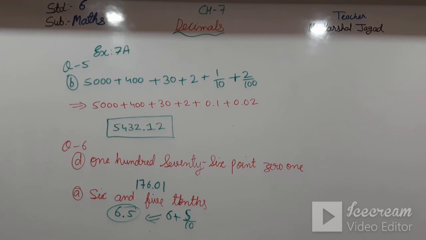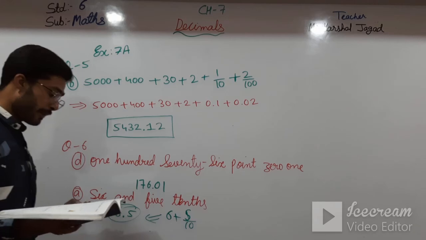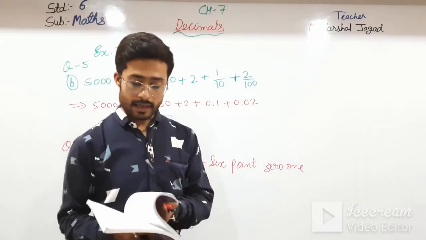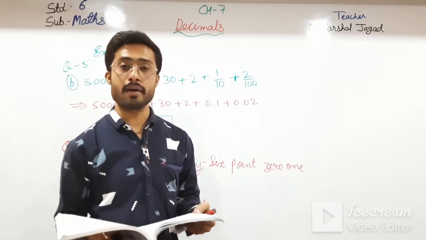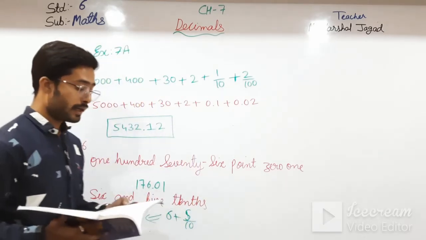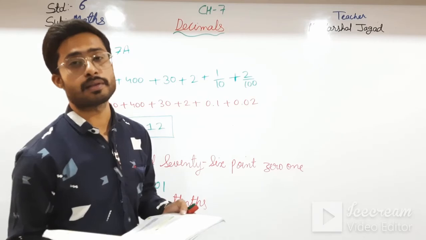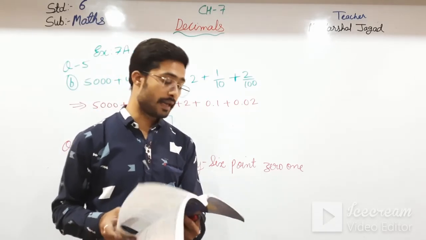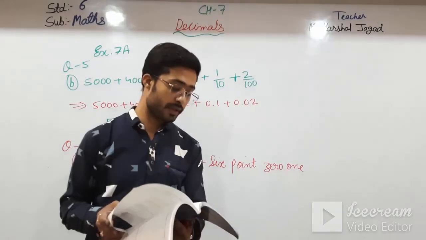And here question number 7: represent the following on the number line. You know how to represent this on the number line. You have to do it according to the example I have taught you, that was 0.4, which is on page number 100 on the above side.